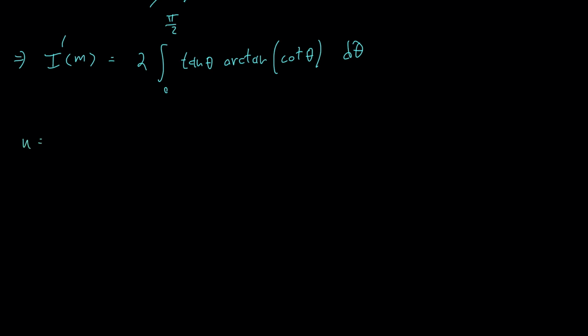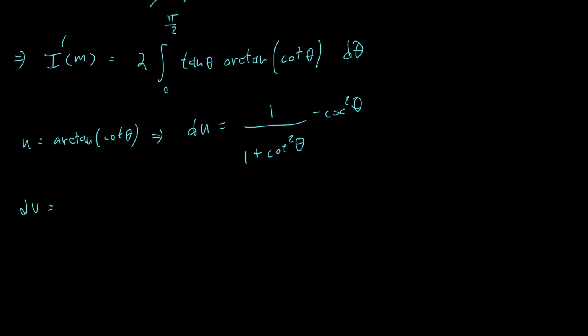So we're going to let u equal the arctangent of the cotangent of theta, which means that du equals 1 over 1 plus cotangent squared theta, and then the derivative of the cotangent by the chain rule will be negative cosecant squared theta. That means that dv is the tangent of theta, which means that v equals the integral of the tangent, which is the natural log of the secant of theta.